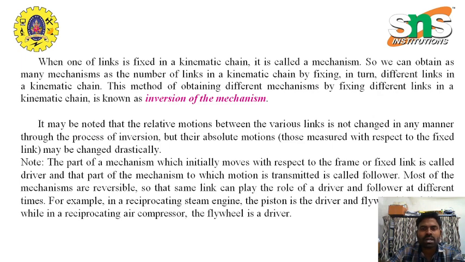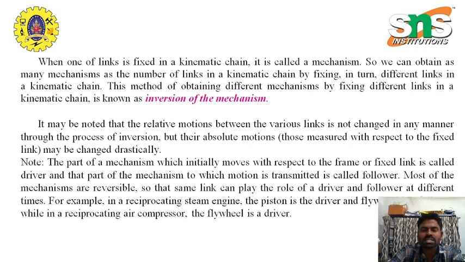If you take a 4 bar chain for example, here we have 4 links. Here we will fix one link at a time, so that we can get the different mechanisms. So this is the inversion of mechanism. This method of obtaining different mechanisms by fixing different links in a kinematic chain is known as inversions of mechanism.